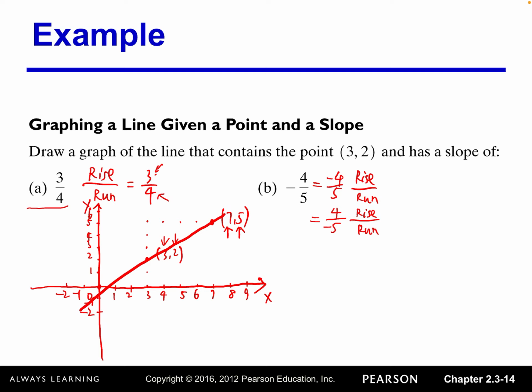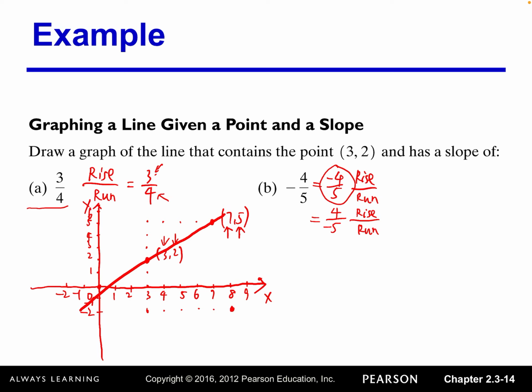All right, so we can still use the same graph on the left-hand side, so I don't redraw the rectangular coordinate system. Still from the point (3, 2), now if we consider the rise is -4 units, run is +5, let's try that. 1, 2, 3, 4, goes down 4 units, and then +5 as a run, so move to the right 5 units. 1, 2, 3, 4, 5.